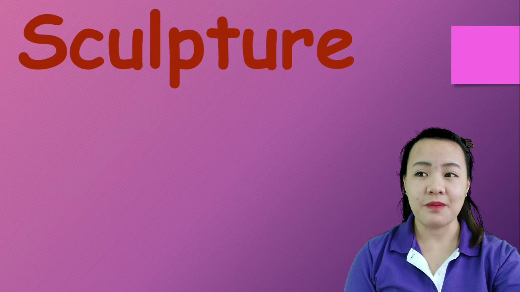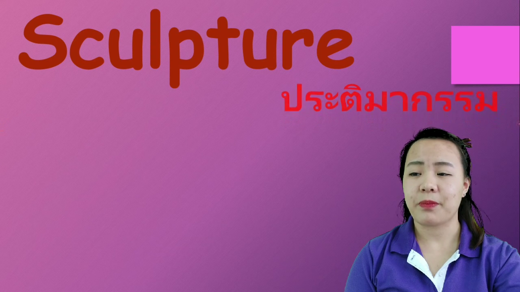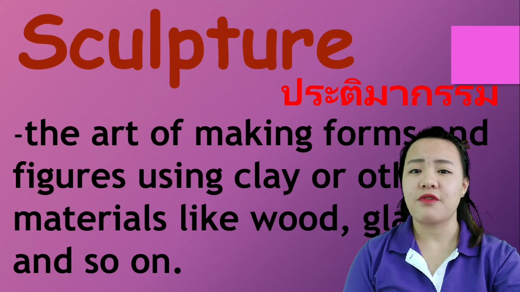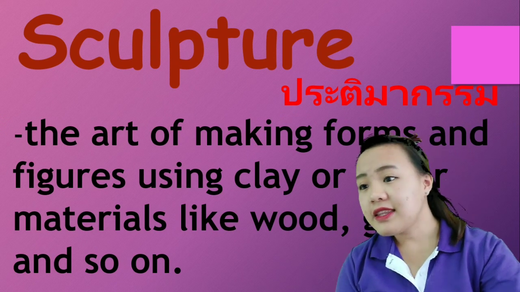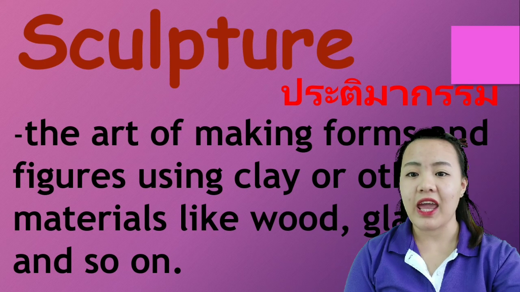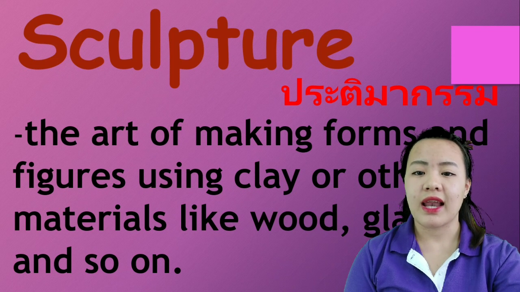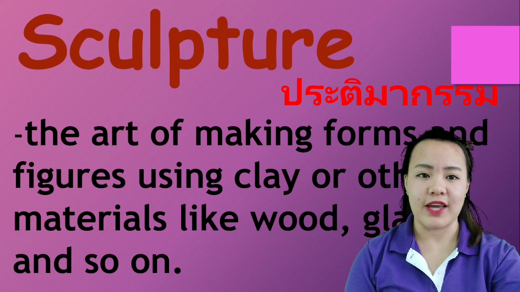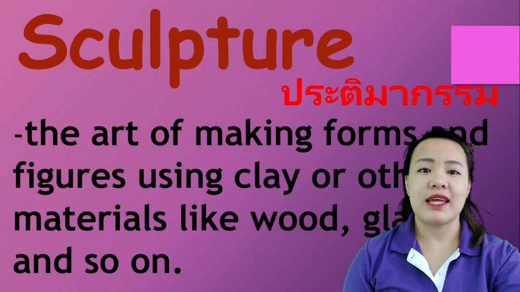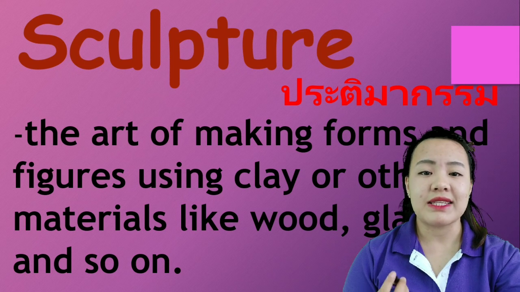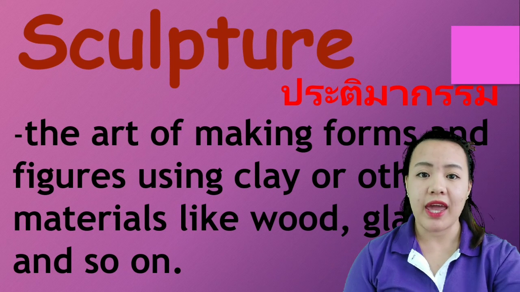Next one, sculpture. Let's read. The art of making forms and figures using clay or other materials like wood, glass, and so on. We're going to discuss them one by one. Let's take a look at some examples of sculpture.